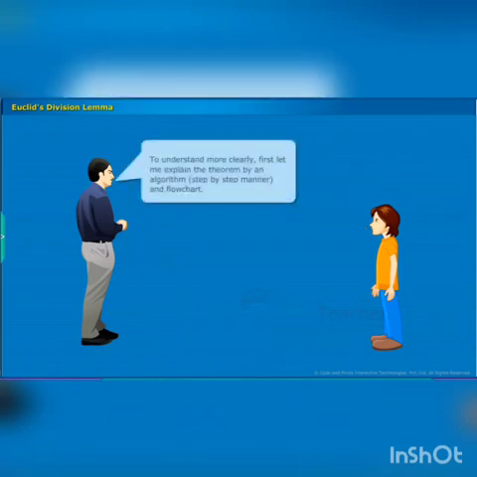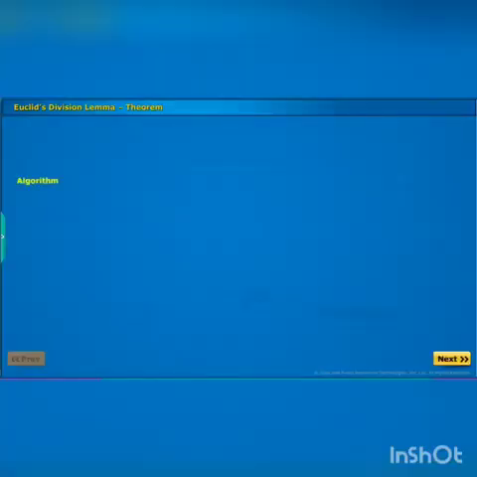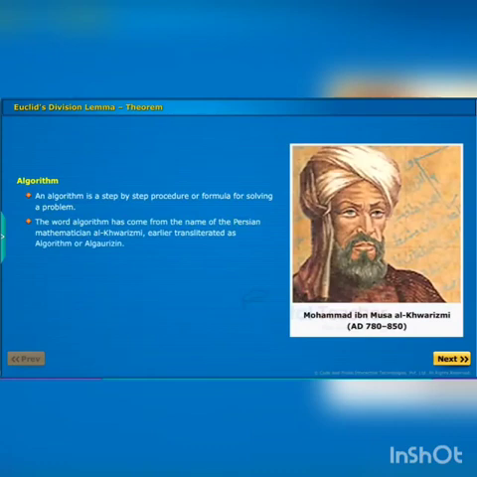To understand more clearly, first let me explain the theorem by an algorithm, in a step-by-step manner, and a flowchart. Algorithm. An algorithm is a step-by-step procedure or formula for solving a problem. The word algorithm has come from the name of the Persian mathematician Al-Khwarizmi.